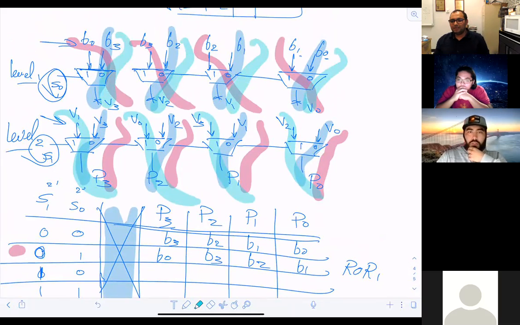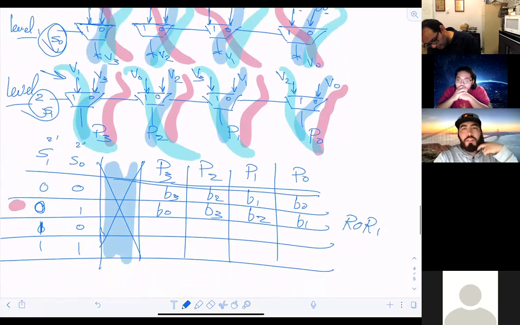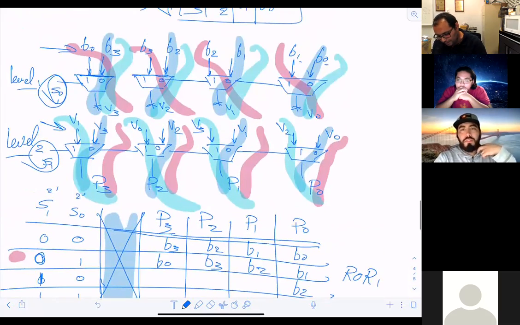Let's now follow this green thing, or whatever color it is. P0 is V2, but V2 is what? B2. So it's going to be B2. P1 is V3.